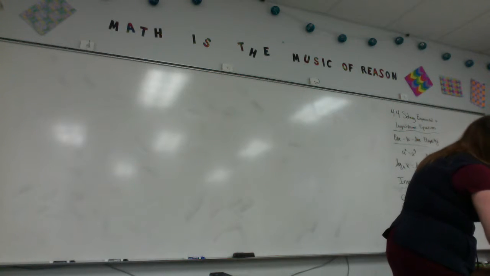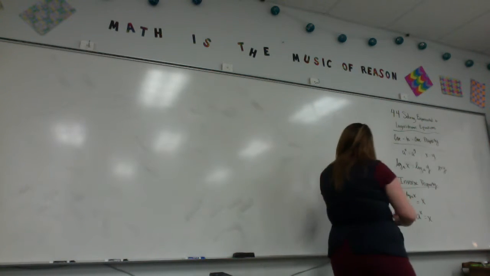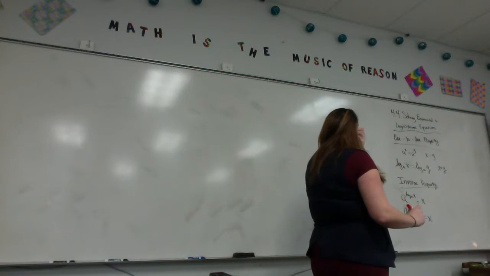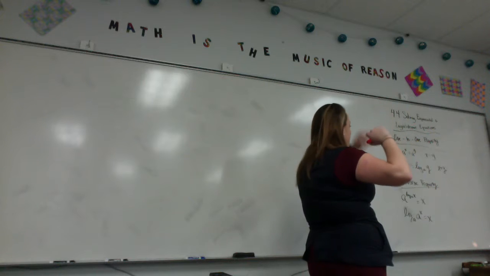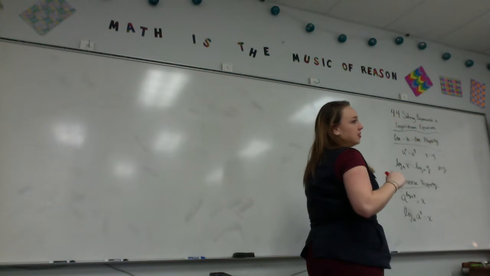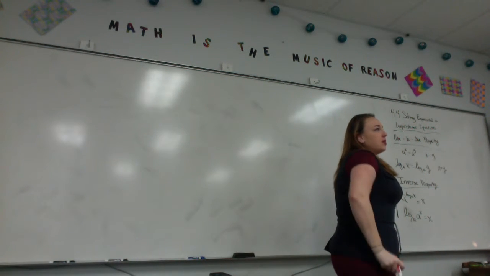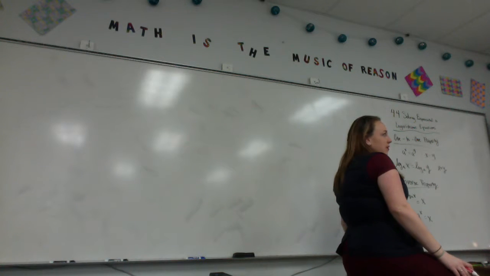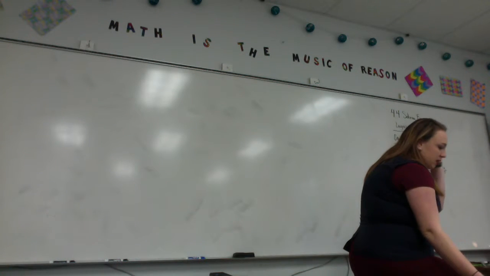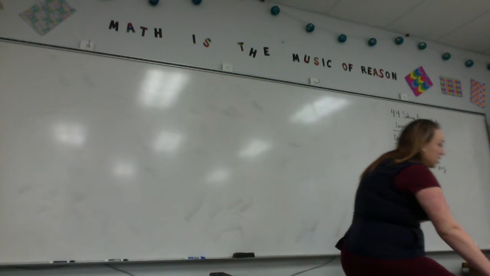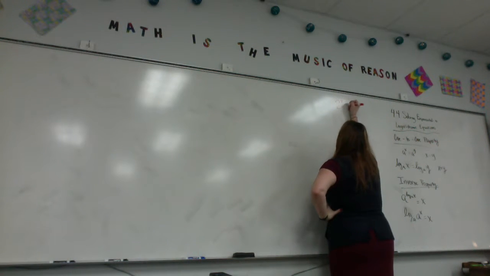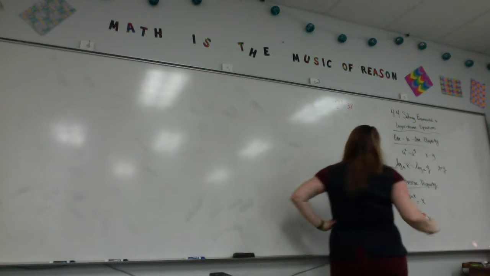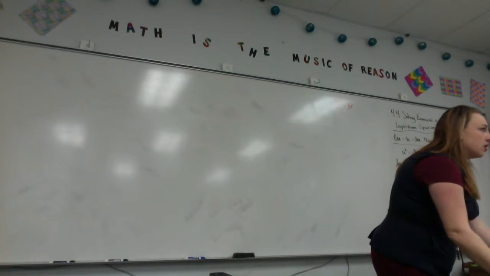Okay. Wait, so the first inverse equation, is that like in the power spot? Yes. It's a raised to the power of log base a of x. So the base of a cancels out the power of log base a, leaving you with just x. So if I have 2 to the x equals 32, I'm just going with the inverse property.